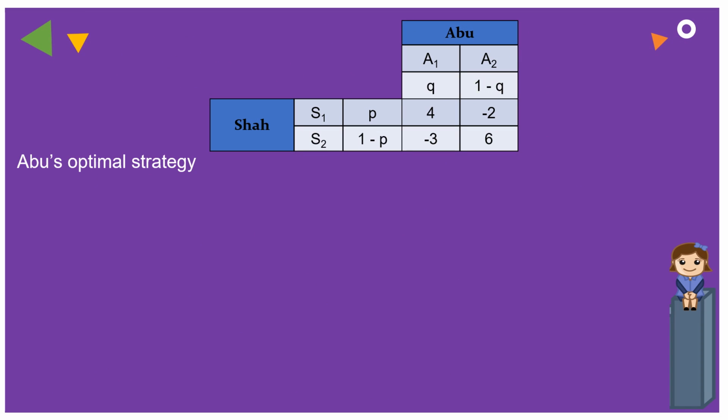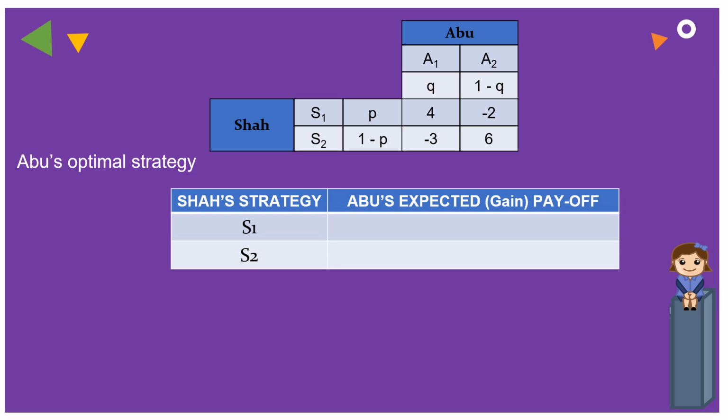So to find Abu's optimal strategy, we have to find Abu's expected payoff by referring to Shah's strategy. So if Shah plays S1, Abu's expected payoff, remember, since this is gain for Abu, the negative sign becomes positive, the positive sign becomes negative. So here we have -4q plus 2 times 1 minus q, which is -6q plus 2.